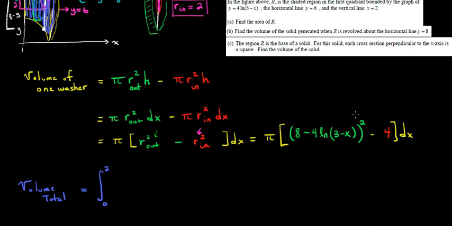This here is the volume of one washer, and I'm going to accumulate infinitely many washers from 0 to 2. So I'm going to have pi, and I'm just going to copy this whole thing here: 8 minus 4 ln(3 minus x), all of that squared, minus 4, and then I have dx.